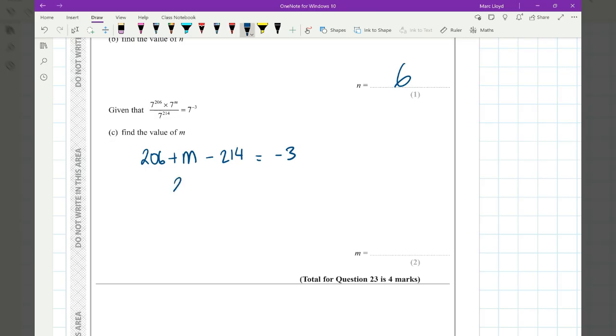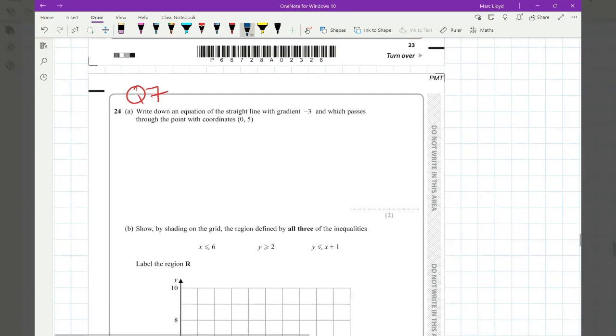So let's add the 214. Negative 3 plus 214 is 211. Then take away the 206: 5. M is 5. Okay, that question's done as well.